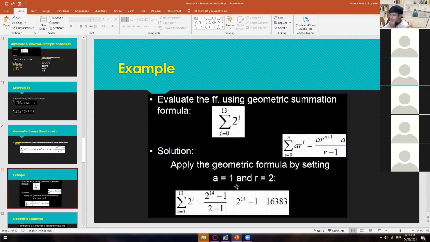Wait, I'm the one now who's confused with what I made. So apply the geometric formula setting a equal to 1 and r equal to 2, so 1 times 2 raised to n plus 1.